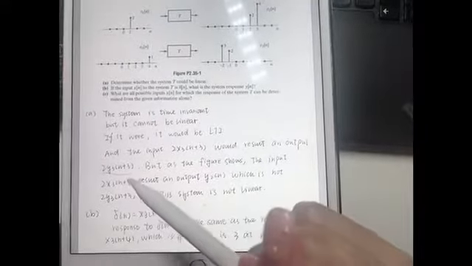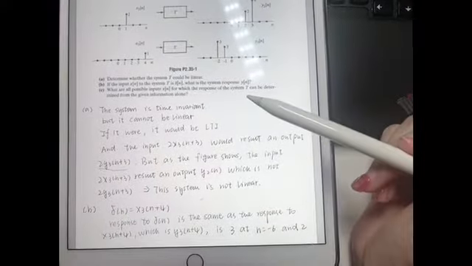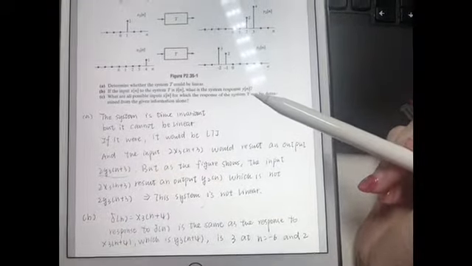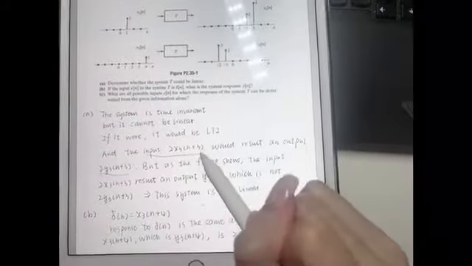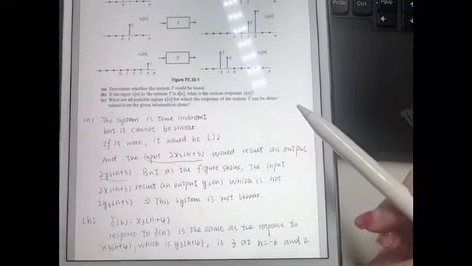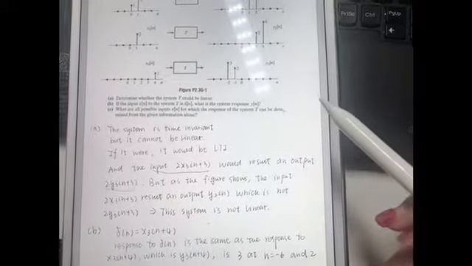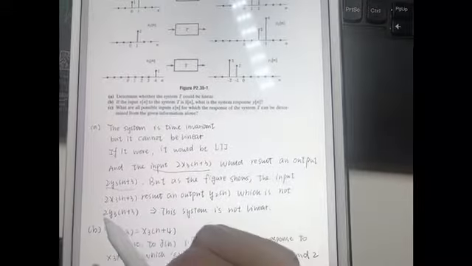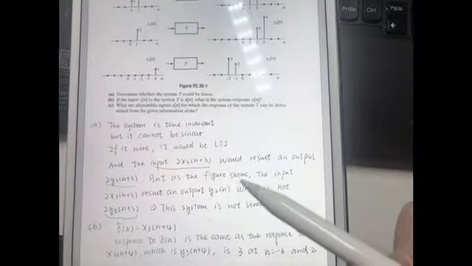That is y2 multiply y3 multiply n plus 3. But as the figure shows, when the input is this expression, the output y2 n is not 2 multiply y3 multiply n plus 3.